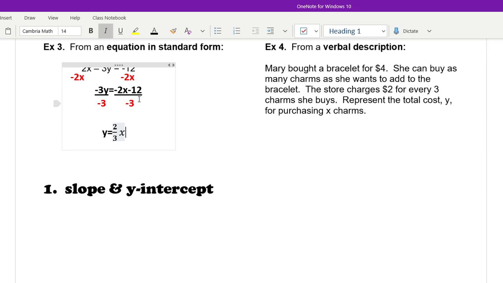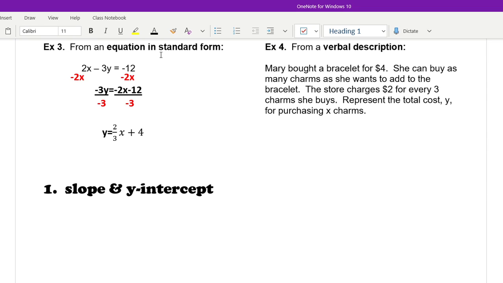And then we want to do the same thing with our next term, our negative 12. So negative 12 divided by negative 3. A negative times a negative is positive. 12 divided by 3 is 4. So when we're done with this, we have y equals 2/3 x plus 4.